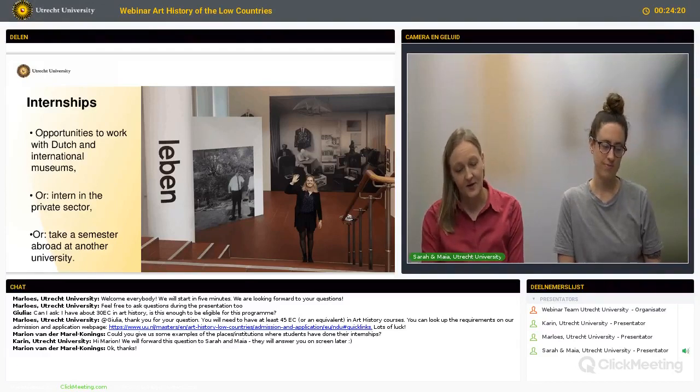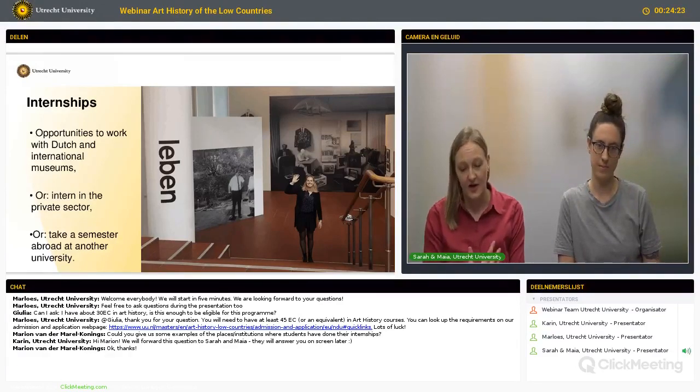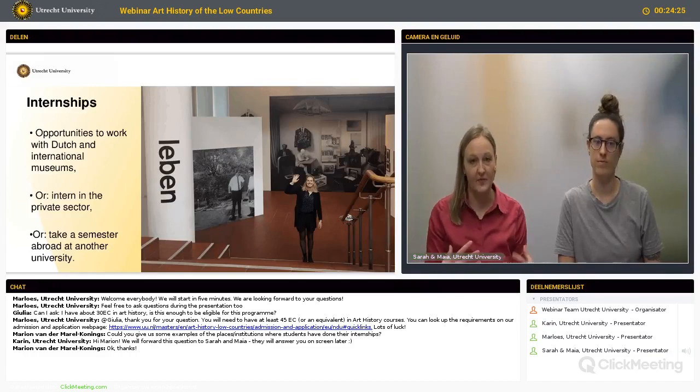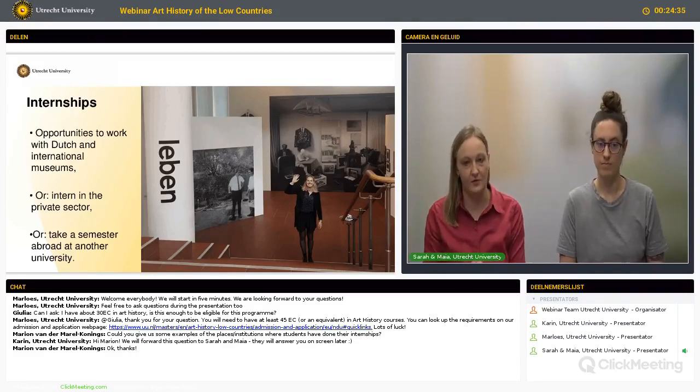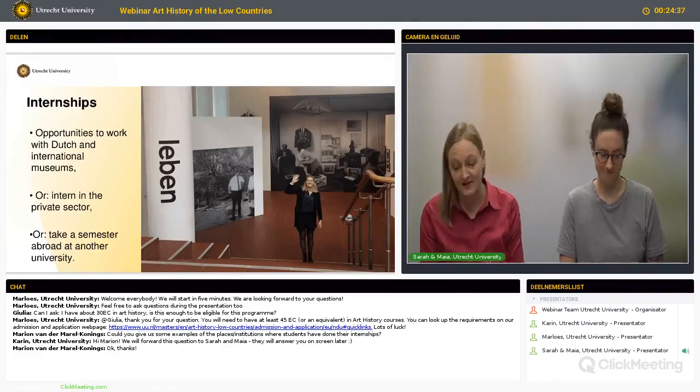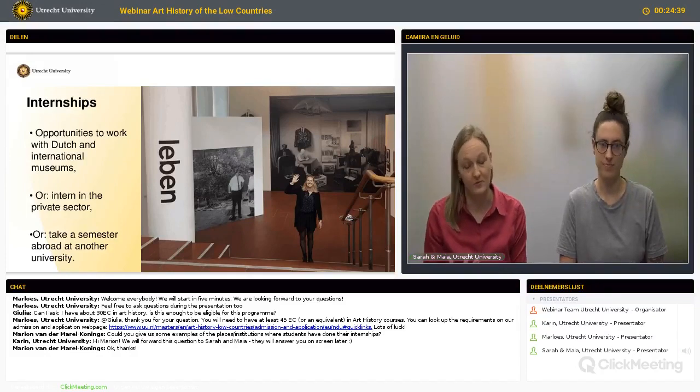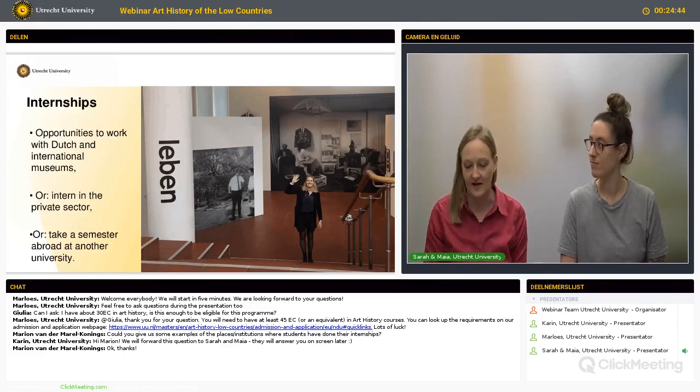And when you're working with a museum, you have the opportunity to pick, working with your host institution, what kind of work you want to do. So if you want to focus more on the research aspects, you can do that. If you want to learn more about curation, you can do that. You can also do more with the public relations and front-facing side of the museum.